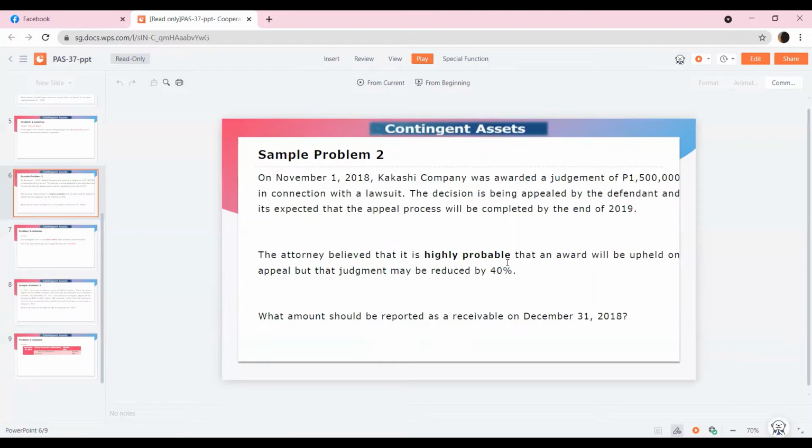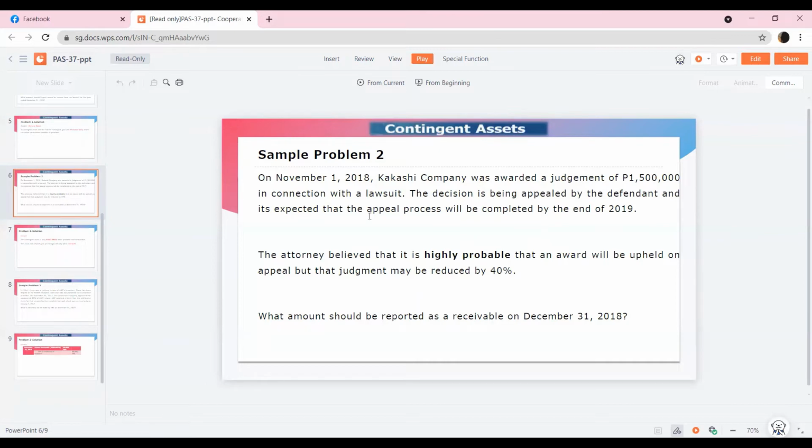Ayan, kitang-kita na natin agad na highly probable yan. Ano ang magiging treatment natin kapag sinabing probable? So, what amount should be reported as a receivable? Tingnan natin kung anong magiging treatment.